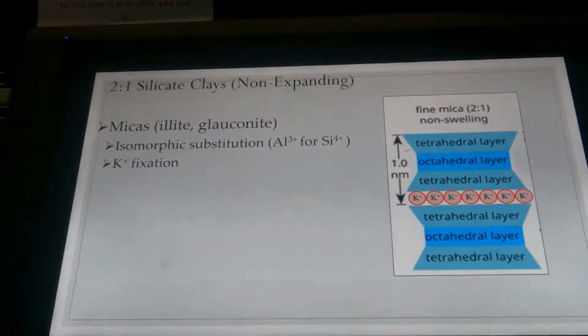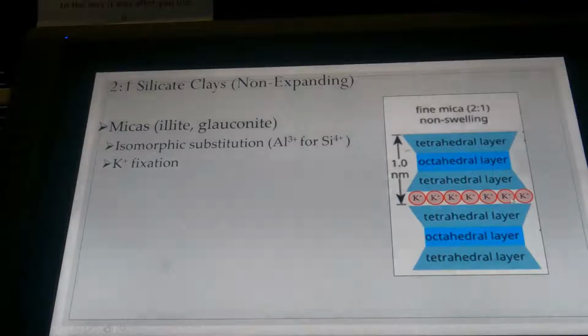The important thing to know about these micas, and I haven't really run into many of these soils around at least the Mid-South, but there can be a problem when we have this expansion and we get that ionic double layer, and we have a lot of potassium in that area around those negative charges, that the potassium will be attracted in between those two double layers.